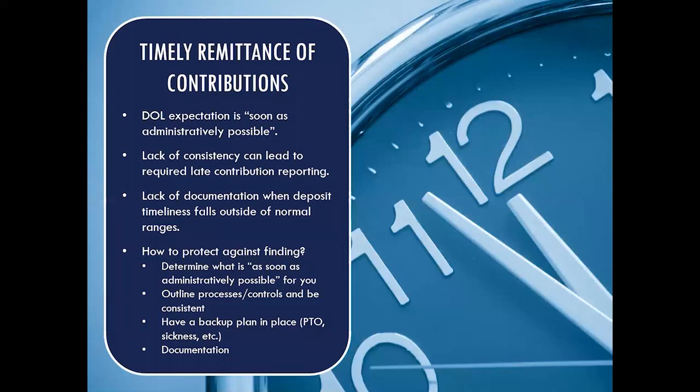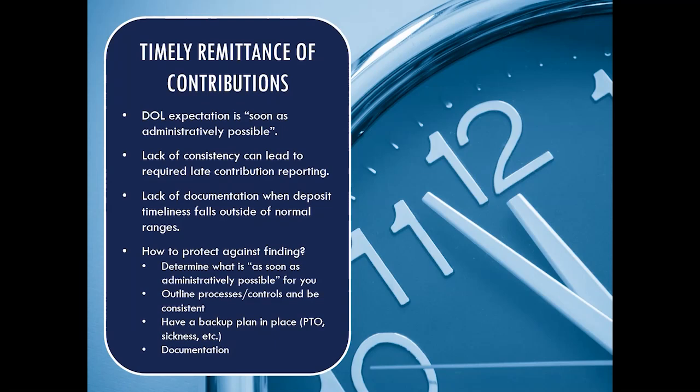Right. First up for common errors is issues related to being able to remit employee contributions to the plan timely. There is an expectation set by the Department of Labor that employee or participant contributions should be remitted to the trust and to the plan and invested in a participant's account as soon as administratively possible.